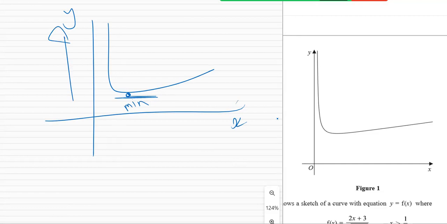So we want to ask the math which x's will give us those y's, so we can find those y's. And then we sub it back into the original equation. Well, we know that min and max is the same thing as the first derivative equal to 0. We can find the first derivative equal to 0.